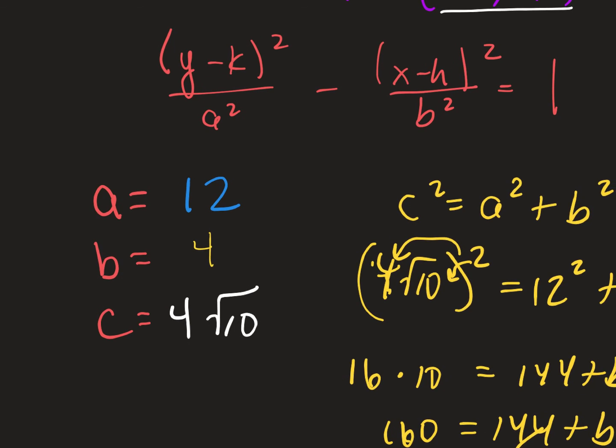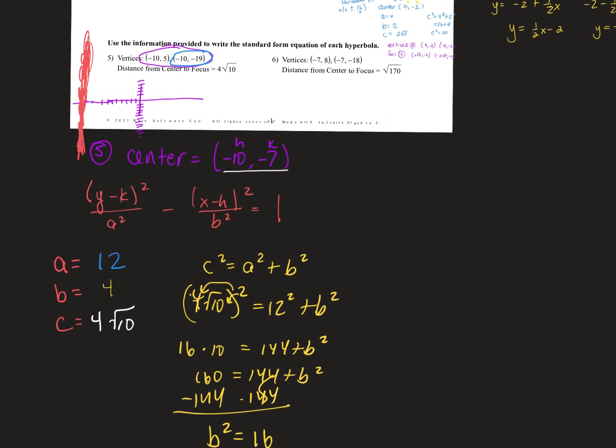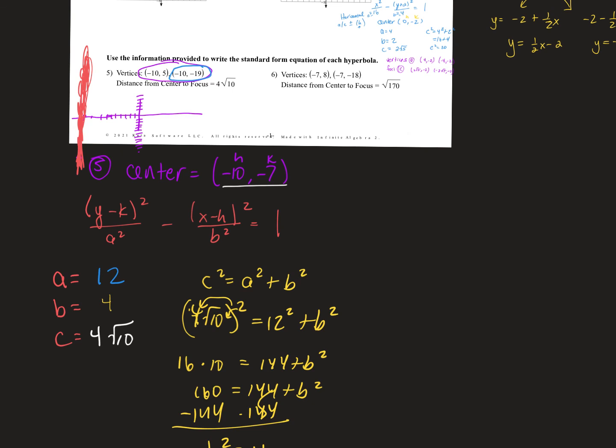Do you guys now have enough information to write the equation of this hyperbola? Yep. You need the center and you need what 2 values? a and b. So tell me what my equation of this hyperbola is. I'll write it over here to the right. y, what? Minus a negative gives me what?